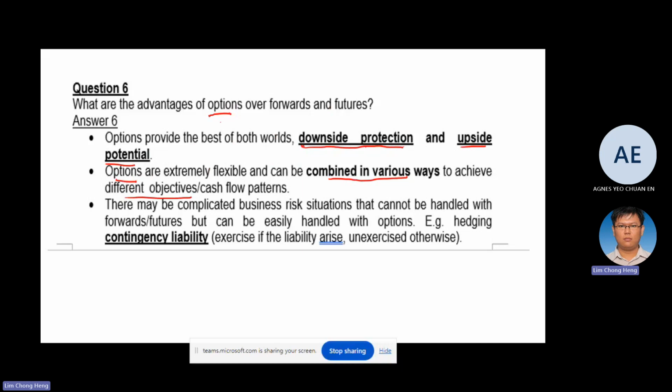Just combine different options to achieve the objective. And if you study financial derivatives, there's the butterfly effect or so on. Okay, this is the advantage of the option.